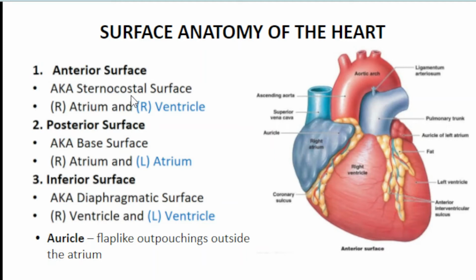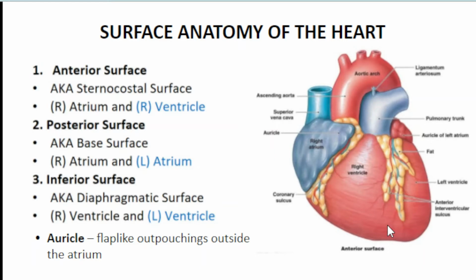And the first two parts of the heart which will greet you when you open the heart are the right atrium, this one, and the right ventricle. Now, we highlighted the right ventricle as blue because the right ventricle is the most anterior portion of the heart. It is at the very front. The right ventricle is the most anterior portion of the heart.